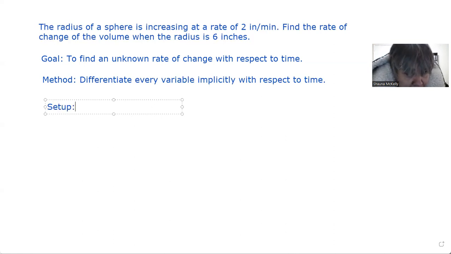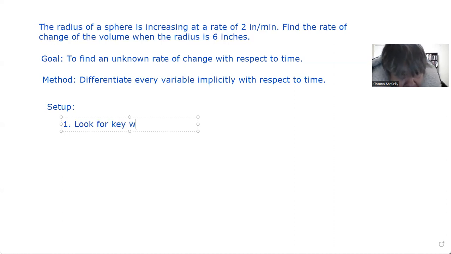So in terms of the setup that you're going to have, we're going to follow a setup idea. When you do the setup, as we do in other word problems, the first thing we're going to do is look for keywords. We have all the keywords that we've always had, sum and difference and quotient and all of that, and volume and different things. But we also have some new ones for related rates.